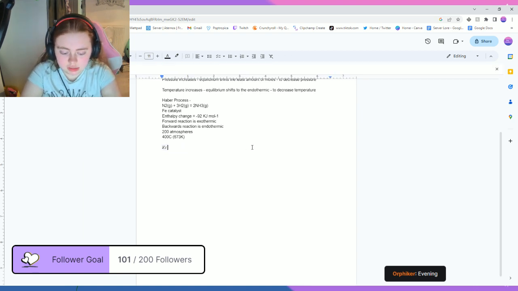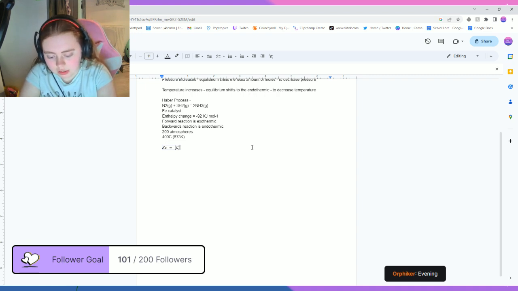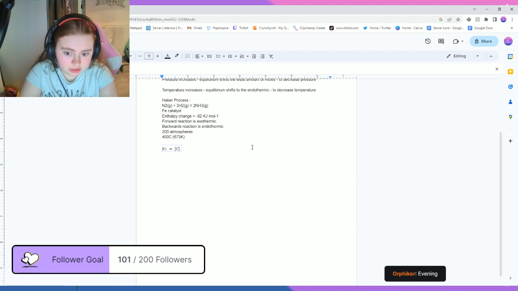So Kc equals, let me go the square brackets, C to the power of c, and I don't remember what this second was. Oh, it's an asterisk, isn't it?